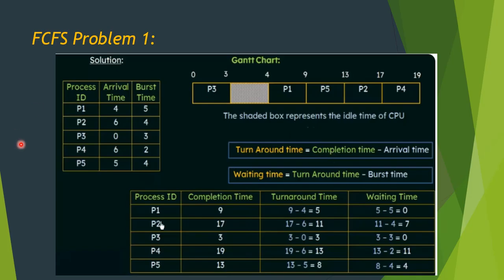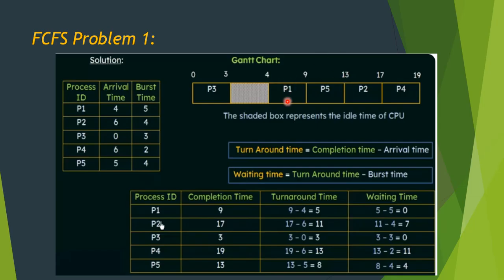So from our table, we have to create other boxes here. So we shall create what we call the completion time. And so having drawn a Gantt chart, we now know the time when process 1 completed, which is somewhere here. Process 1 is here, it completed at exactly 9. So this is the completion time for process 1.